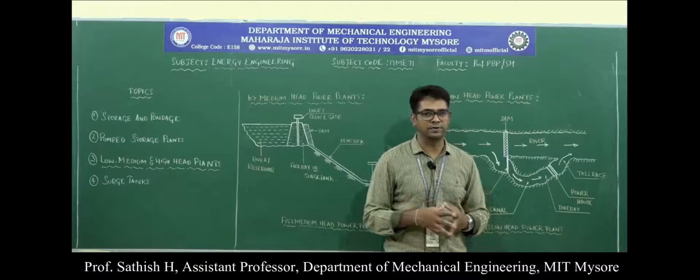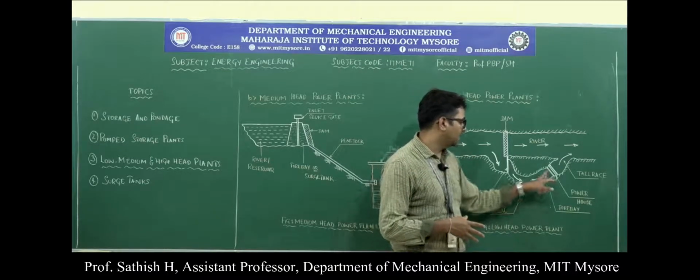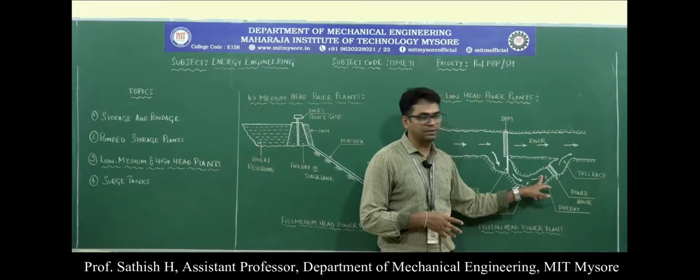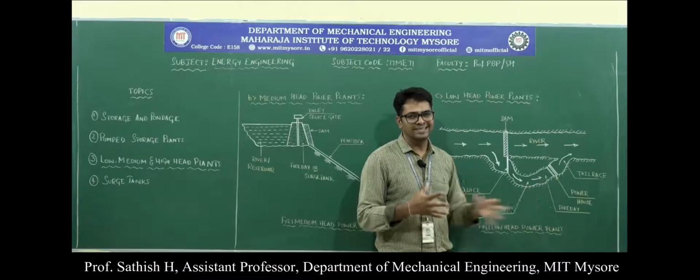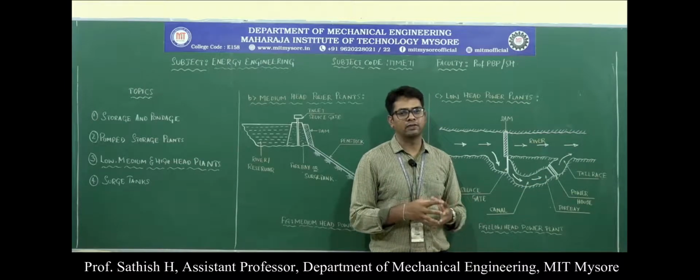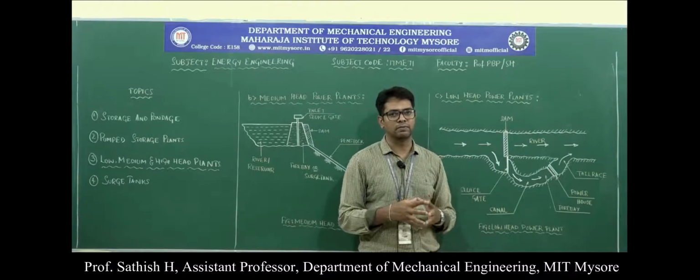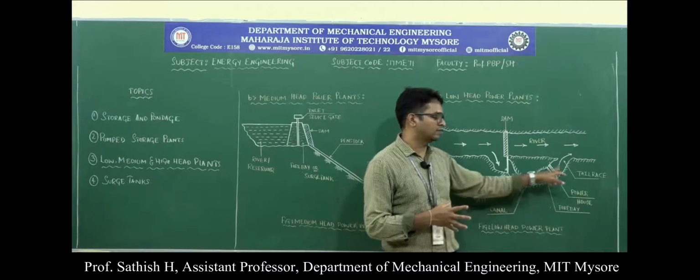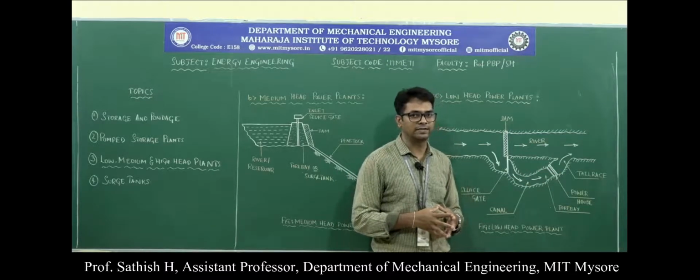Through the generator we produce electricity. A forebay is created before this power plant, which helps to accumulate a considerable amount of water before it passes on to the turbine.